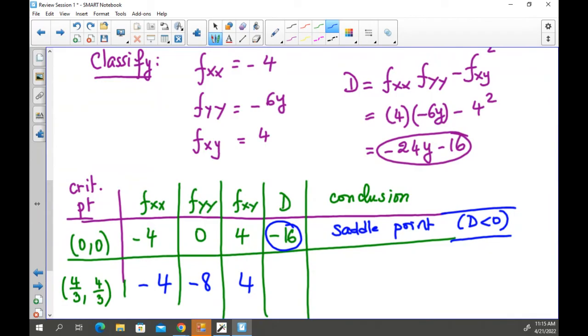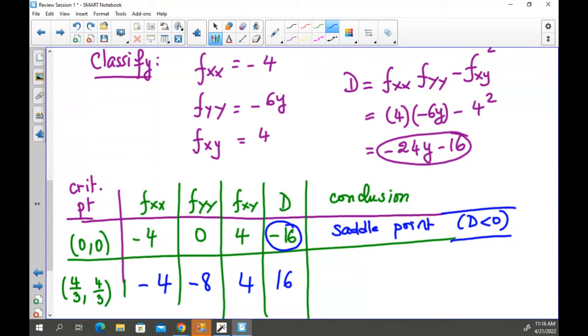I think, sorry, minus 48, yes. Fxx, fyy, yes, I think it's 16, so yes, it's 16.